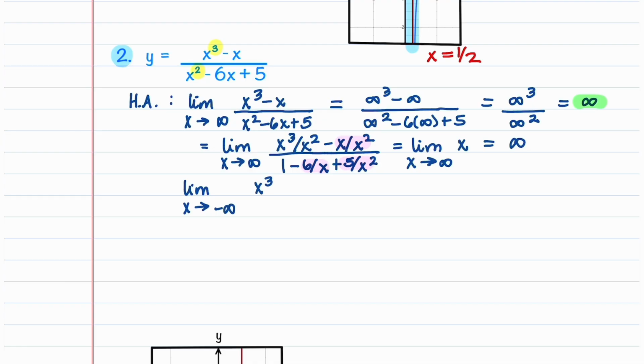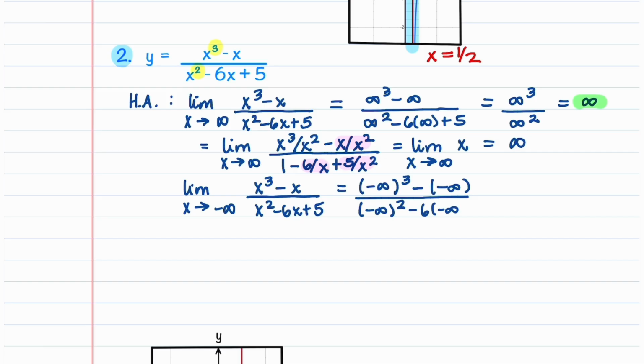We have x cubed minus x, all divided by x squared minus 6x plus 5. Let's plug in x goes to minus infinity. We'll have to watch our negatives here. We have minus infinity cubed minus infinity, all divided by minus infinity squared minus 6 times minus infinity plus 5.